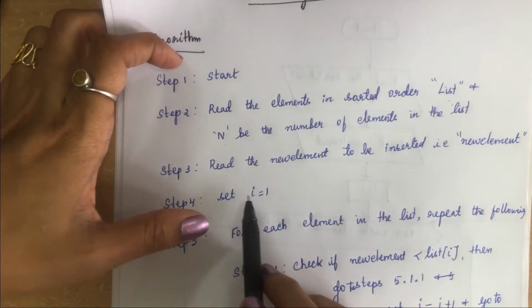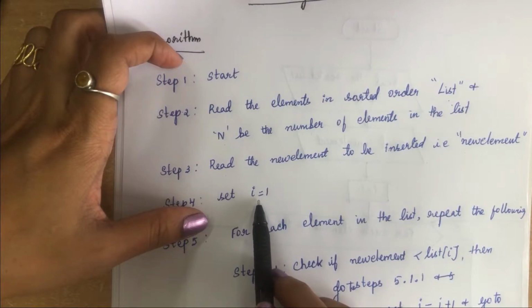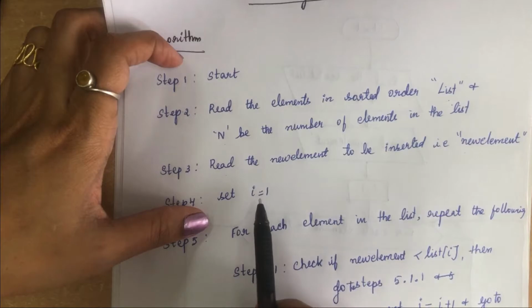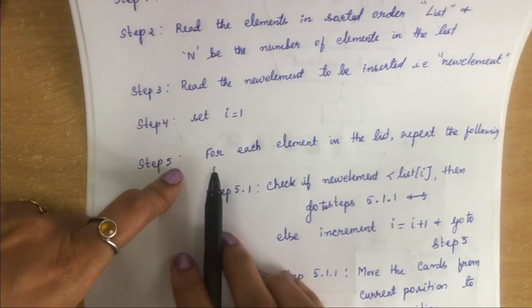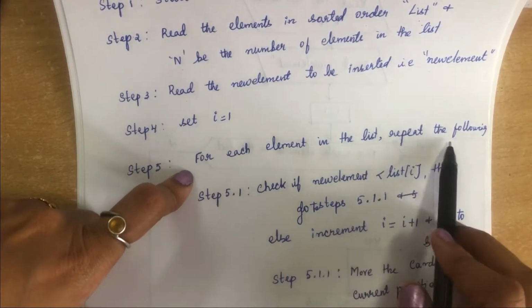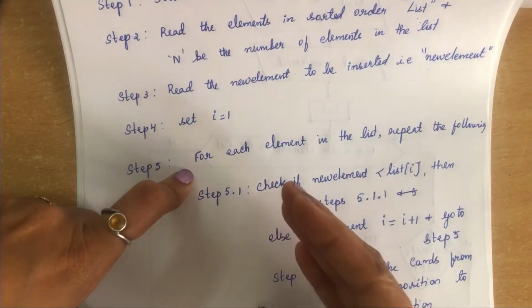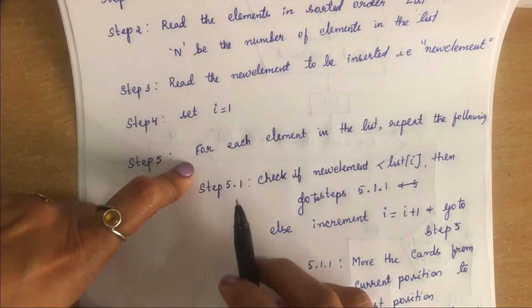Step 4: initialize I to be 1, since I want to compare the first element with the new element. Step 5: for each element in the list, repeat the following. For every element in the list I have to repeat this process.